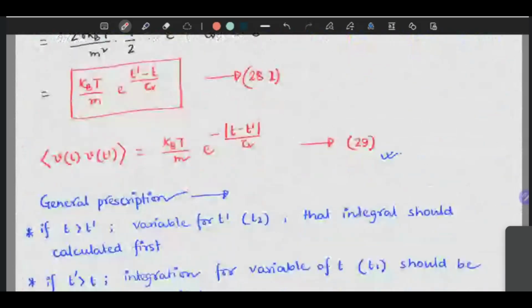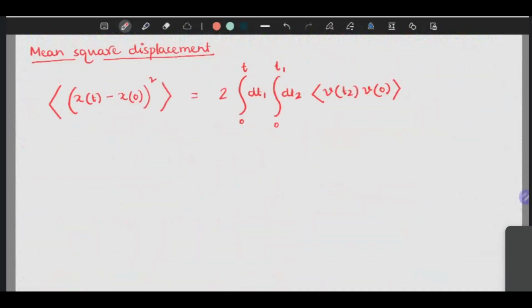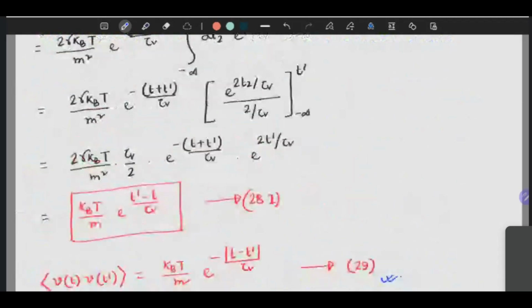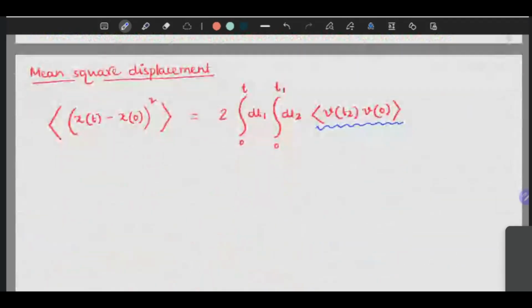So we are using this relation only. Since this is autocorrelation, right? Now this part we have calculated just a few minutes before, so we can get that easily.